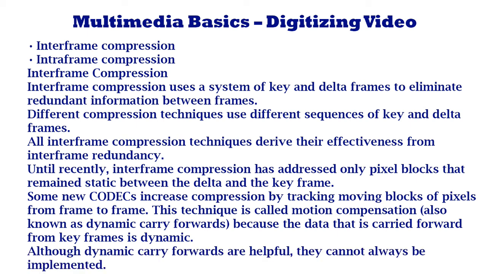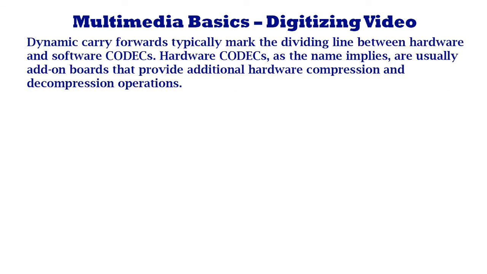Although dynamic carry forwards are helpful, they cannot always be implemented. In many cases, the capture board cannot scale resolution and frame rate, digitize, and hunt for dynamic carry forwards at the same time. Dynamic carry forwards typically mark the dividing line between hardware and software codecs.